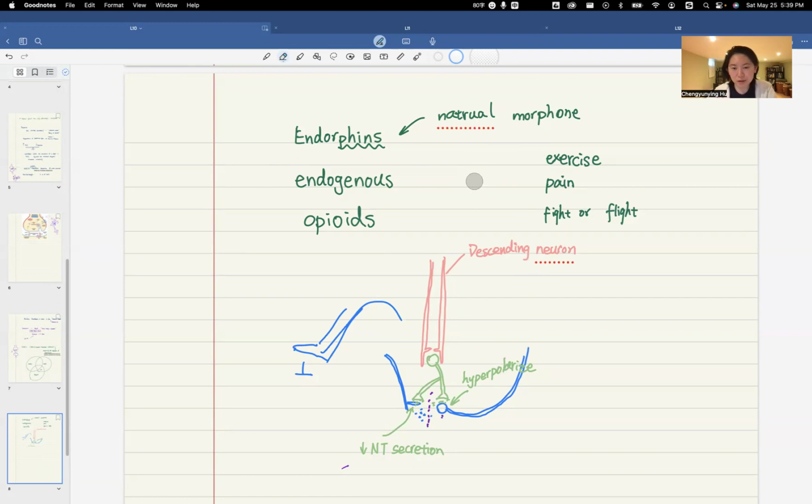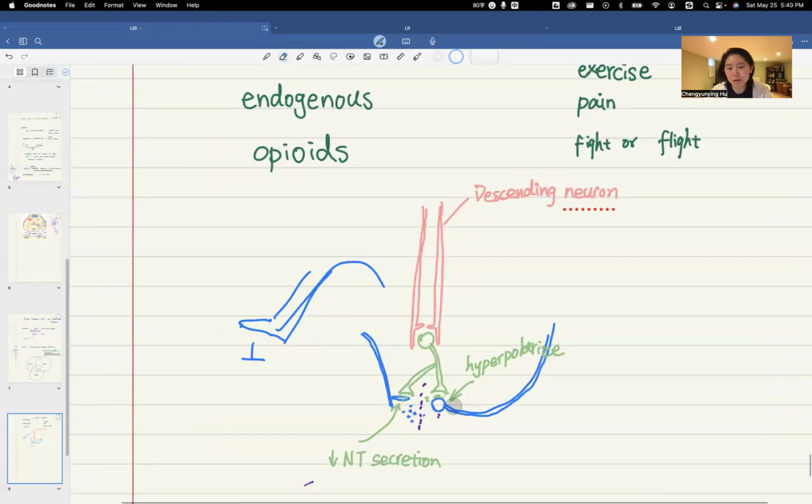The brain will make you feel pain. However, if the pain is so traumatic, the brain is trying to protect you. When it reaches the brain, it will send down a descending neuron, and this descending neuron will secrete some chemicals here that will hyperpolarize the second order neuron, making it harder to reach the action potential.